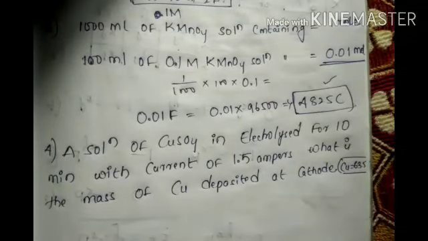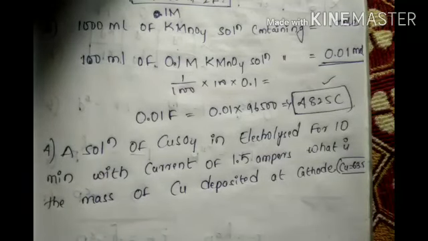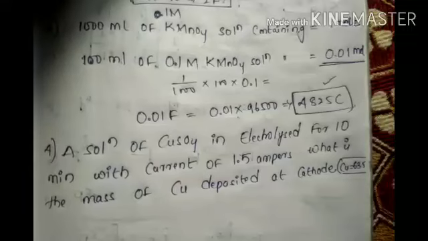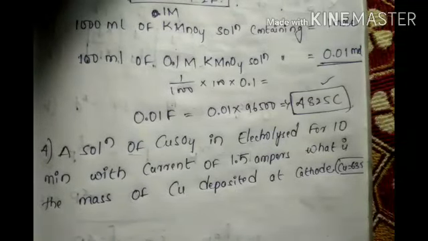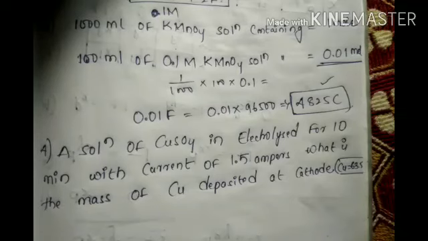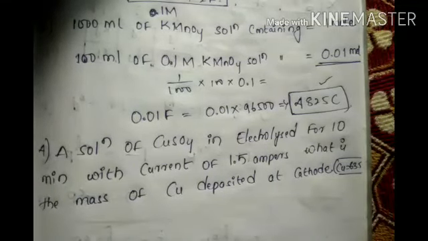What is the mass of Cu deposited at the cathode? Simply, in one beaker there is a copper solution, and 1.5 ampere current is passed for 10 minutes. How much is deposited? You have to tell that.